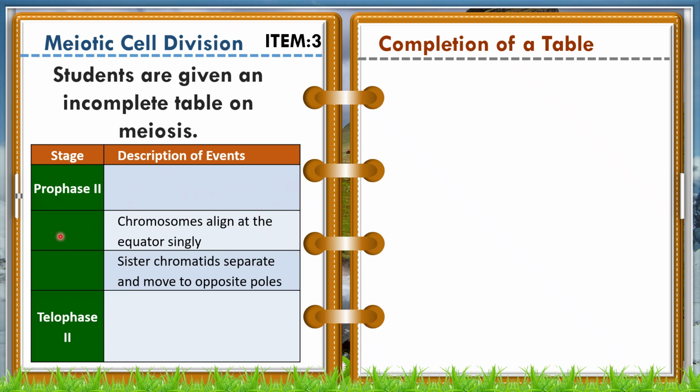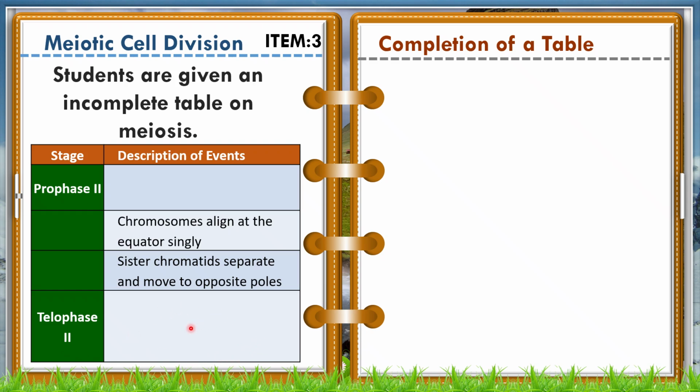And then we have these two spaces here. We don't know which phases or stages these are, but here they are saying a chromosome aligns at the equator singly. So we can give the phase here. And here the sister chromatids separate and move to opposite poles. Which stage is this one? And the last stage they are saying is telophase 2, but they have not given us the description.